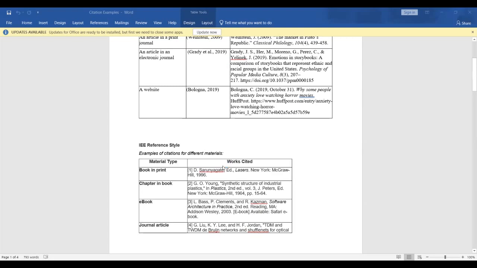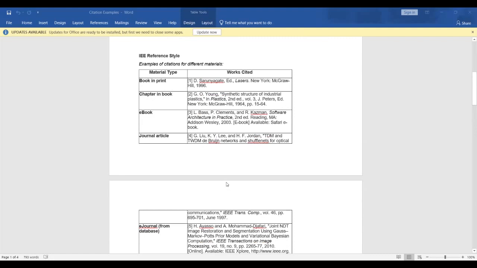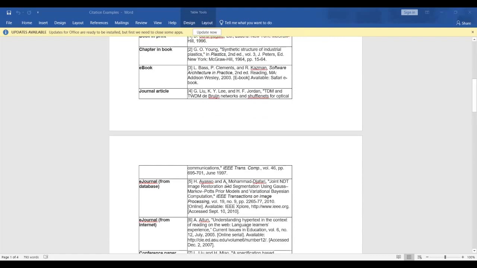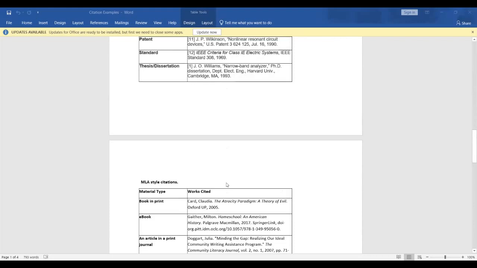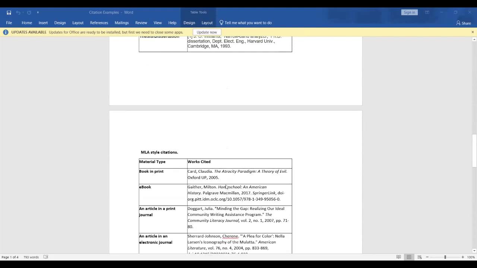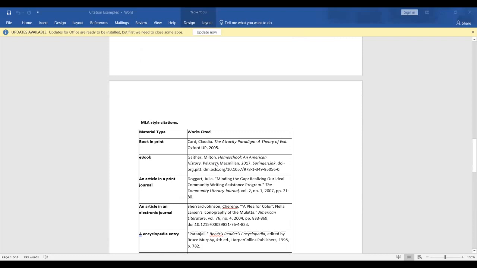IEEE reference style, some examples are given here, right? Then there's another, MLA style, right? There are all the author names. What's the difference here from the above?